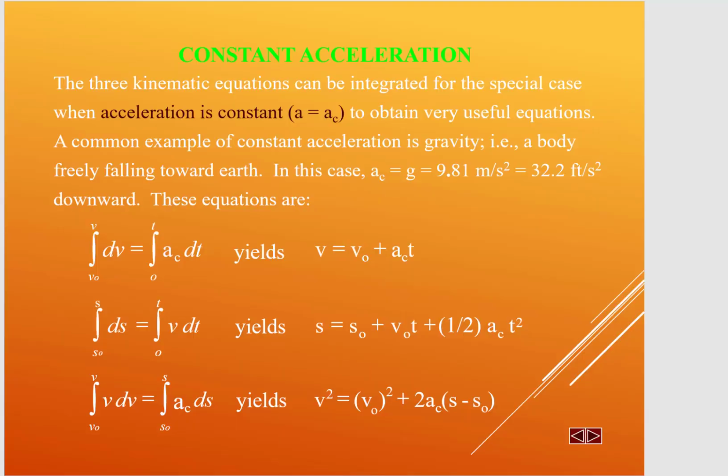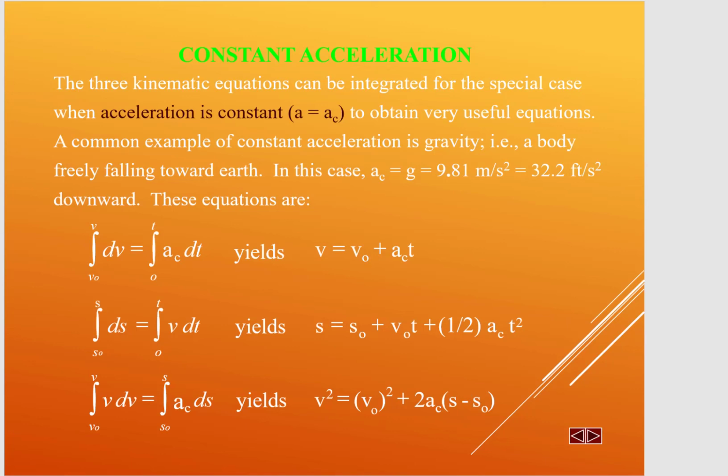Now one last item is sometimes we have special cases where the acceleration is held constant. In such a scenario, if we were asked to calculate the velocity and the position from a constant acceleration, we can still conduct the method we showed you, which is to integrate both sides of the derivative to obtain the velocity, right, and position, and that will lead you to special cases.